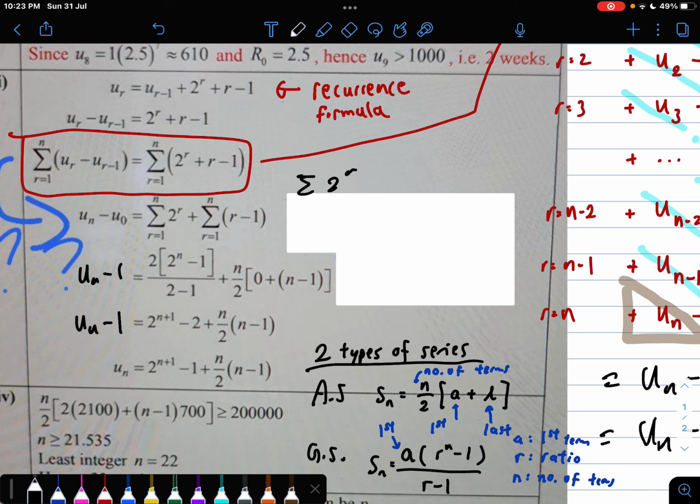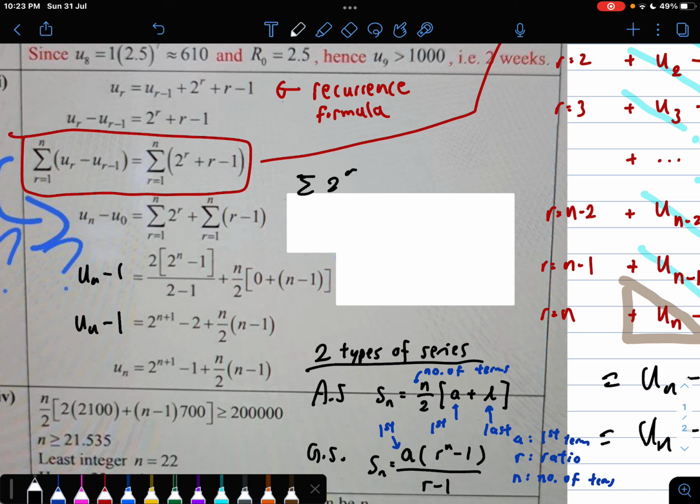Oh, right, how do you get the last term, L? You just have to substitute in the r with the last index number. In this case, it's the upper limit, n. So the last term L is just equal to substituting r with the last index, n minus 1. Okay, that's how you get your last term. In general, there is a formula for the last term. The last term is also known as the nth term.